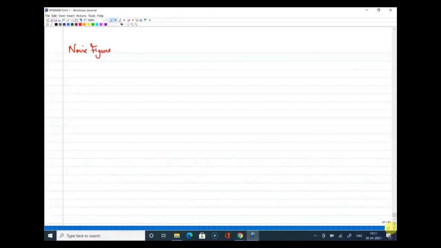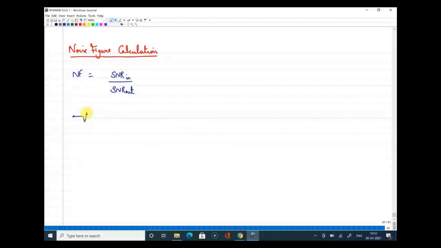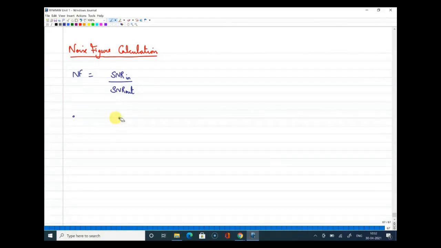From our previous day discussion, we said that noise figure is equal to SNR in by SNR out, or noise figure is the measure of degradation of SNR when a signal passes through a particular system. Now we'll revise certain things we already know.